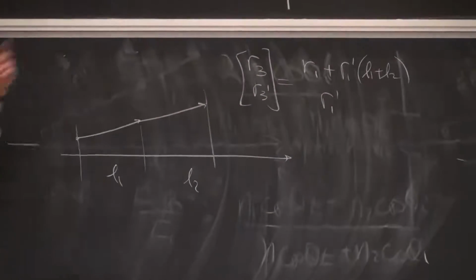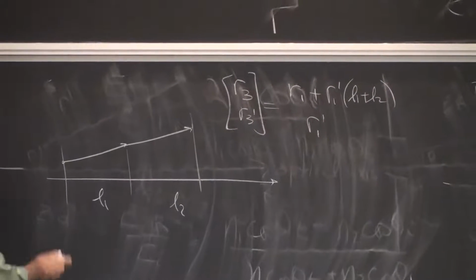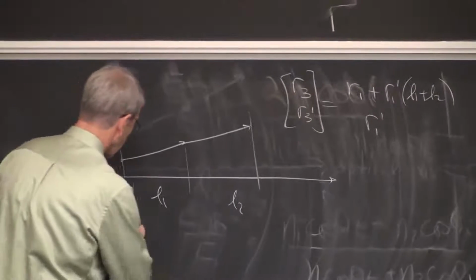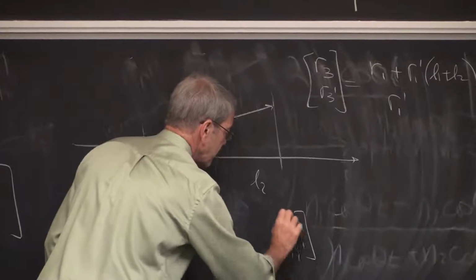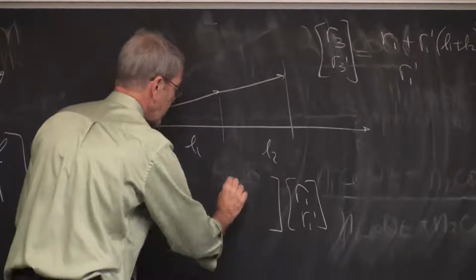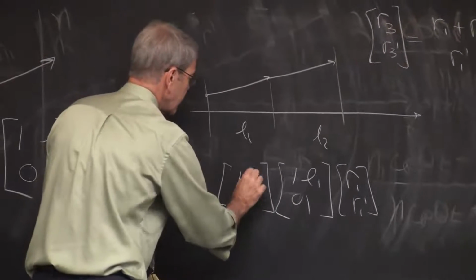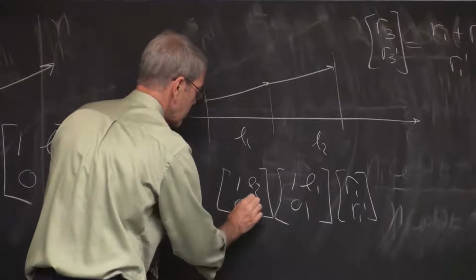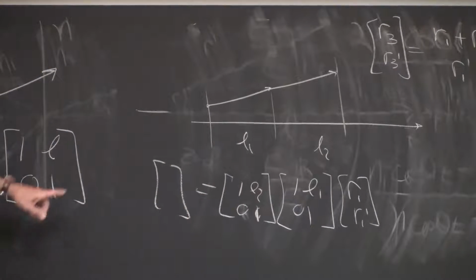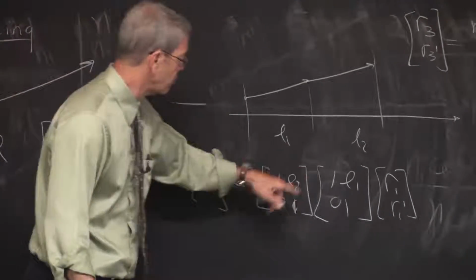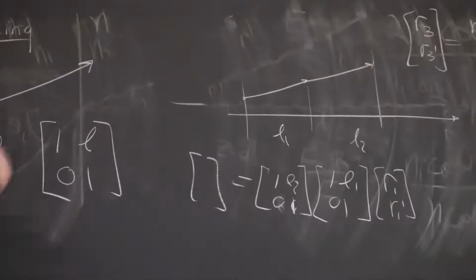I just added to the distance. But I can prove that if I do it with matrices. This really would represent, I would start with R1, R1 prime. First, I'm going to propagate a distance L1. Then I'm going to propagate a distance L2. And that's going to be my new vector. And if you just run this through, you'll find this is going to be 1 plus L1 plus L2 times R1. You'll get the same answer.